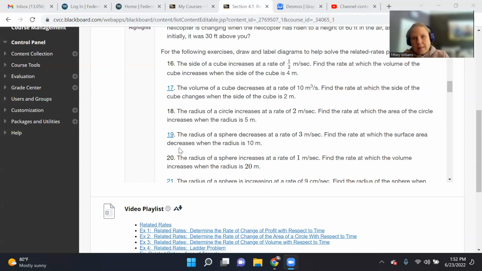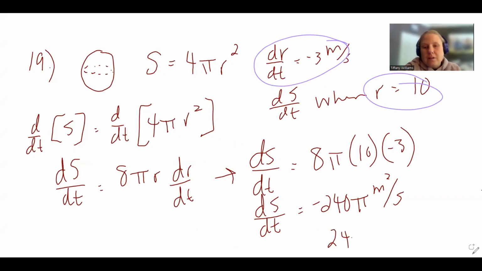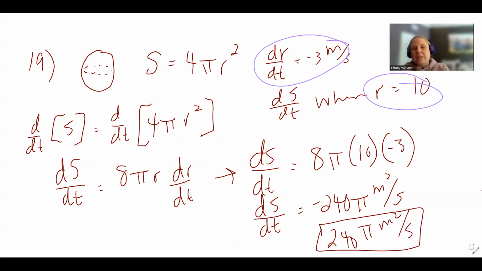Because they tell you it's decreasing, the answer you will actually give is 240 pi meters squared per second. They're basically saying take the negative off and give us that number. The only time you do that is when it says decreases. If they're already telling you it's decreasing, then you just give them that answer.